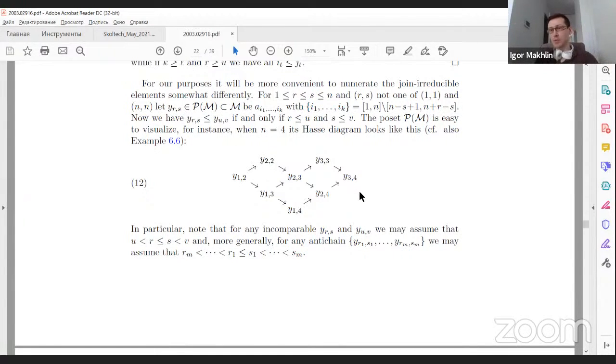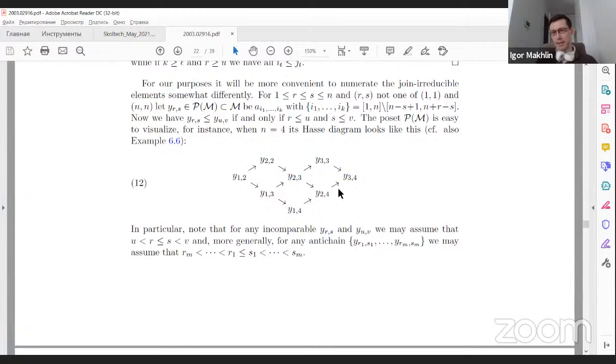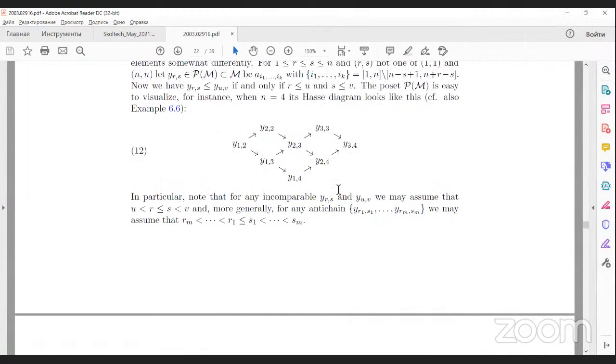And you look at this poset, and you consider the order ideals in this poset, and they correspond to elements of the lattice. They are a bit like Young diagrams. Maybe half a Young diagram.